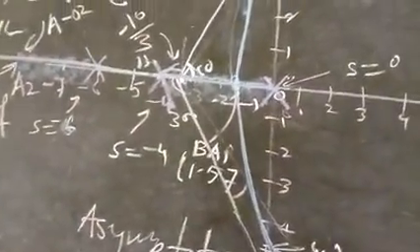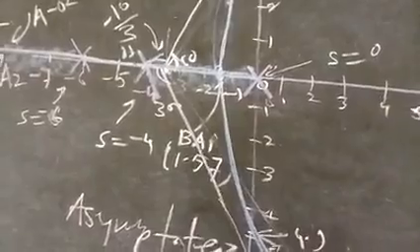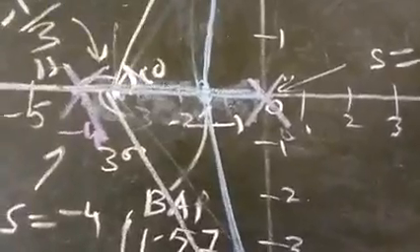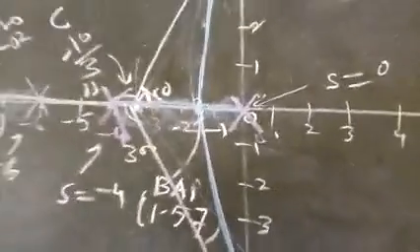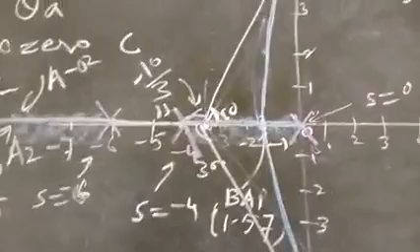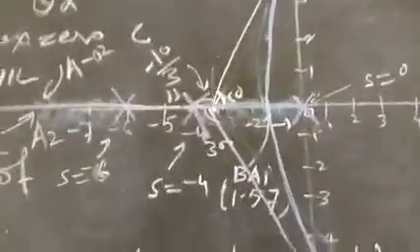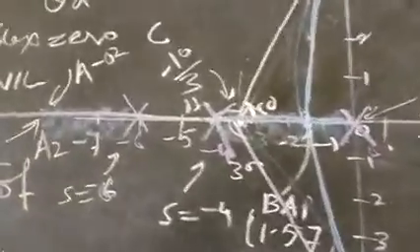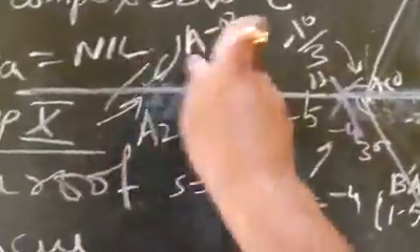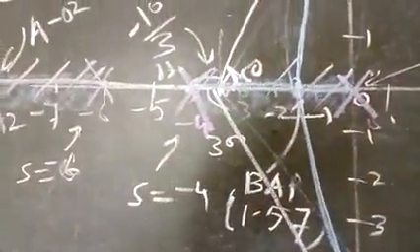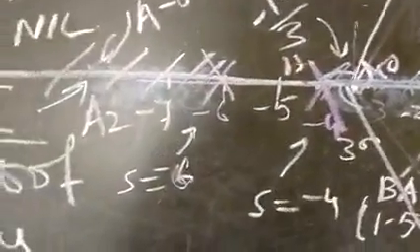Then the number of branches: the maximum number of branches is n equal to 3, because the number of poles is 3. Then the existence of root locus: the root locus exists between minus infinity and minus 6, and between minus 4 and 0.